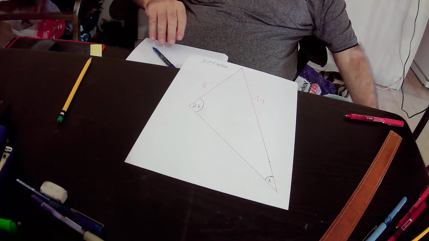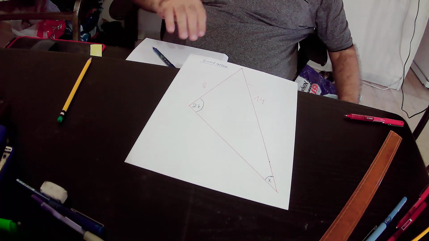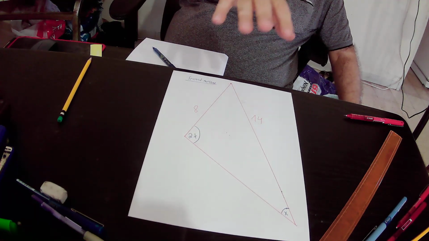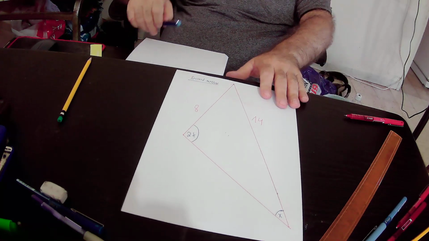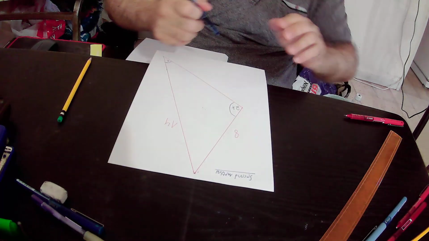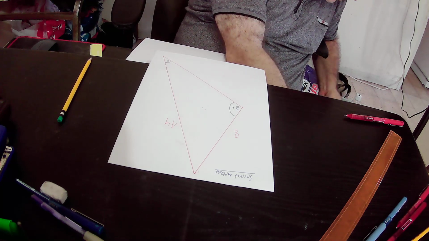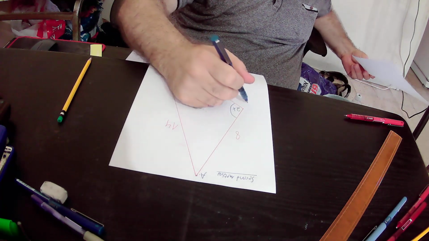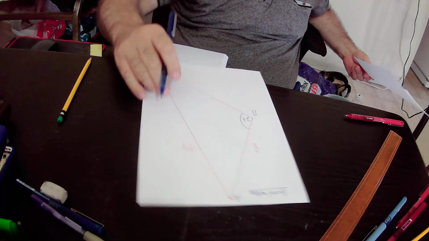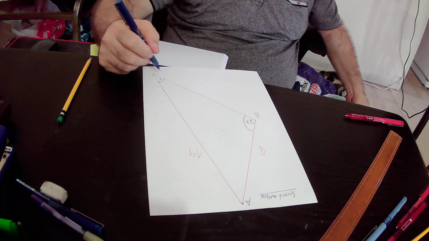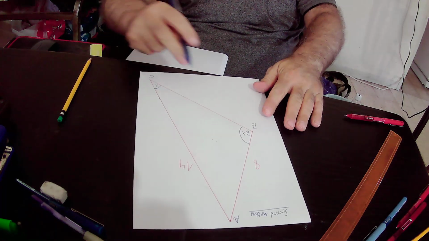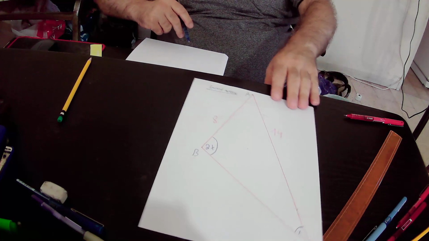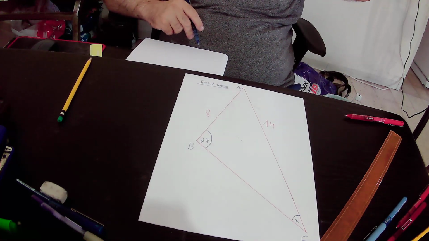So I will present to you a second method, a second way to find out the area of this triangle, triangle ABC.